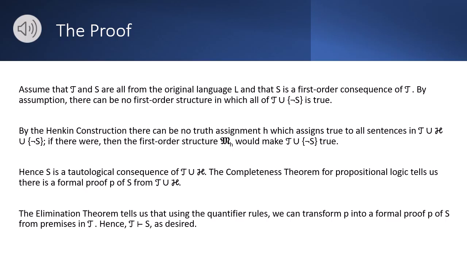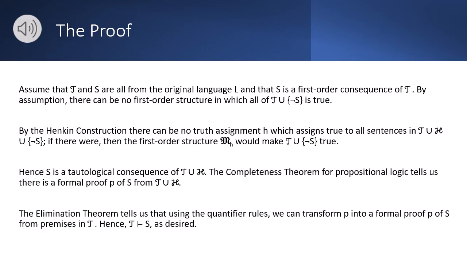Now, what it means for S to be a first order consequence of those sentences is that there's no first order structure which makes T union the negation of S true. Because if there was, then we would have a counterexample to that first order consequence.